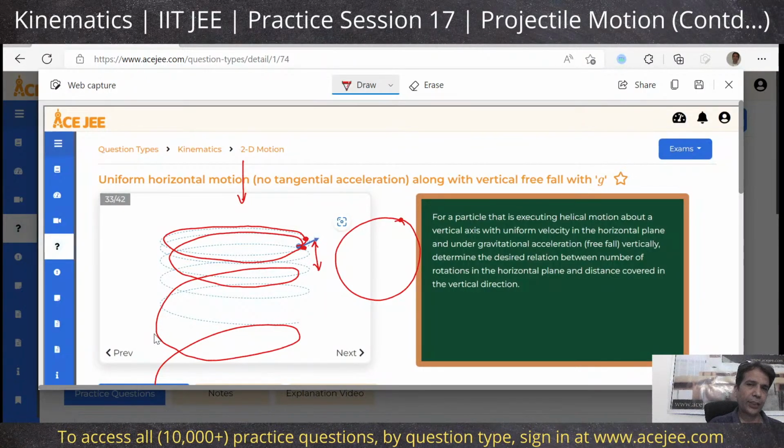In the vertical direction, it is moving under a constant acceleration, the acceleration due to gravity, g, 10 or 9.8 meter per second square. In the horizontal direction, in the absence of any wind resistance or any dissipative forces, the particle will continue to move with the same speed.